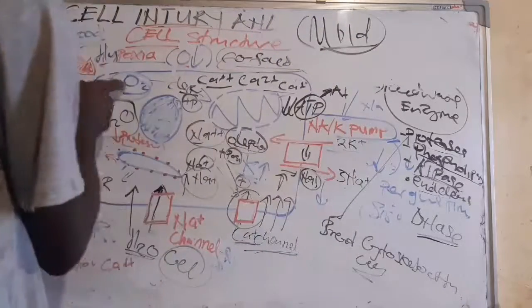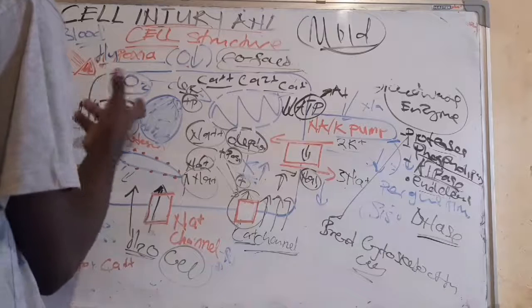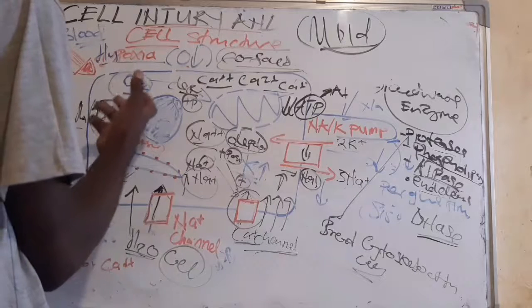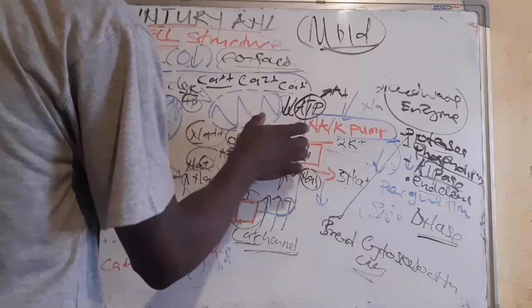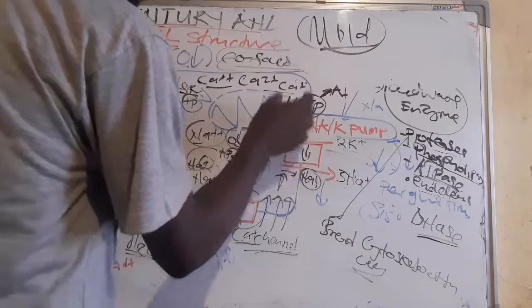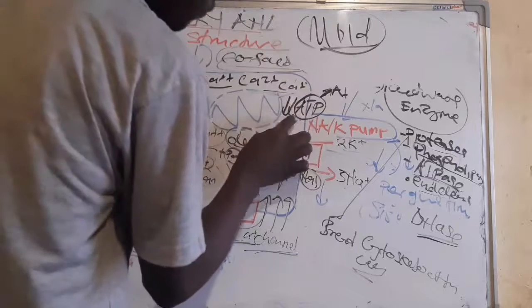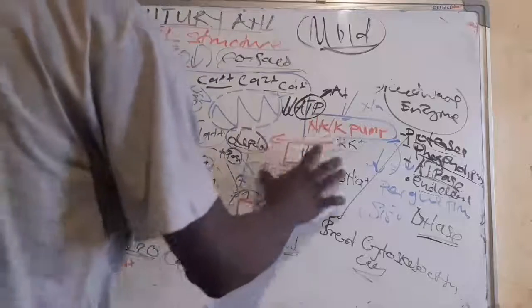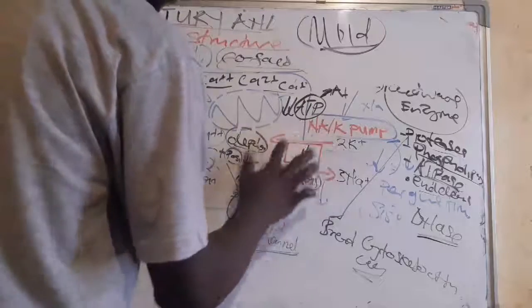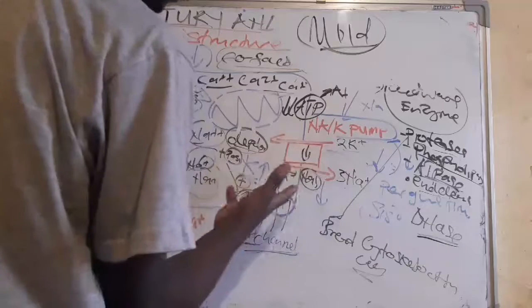So when the stimulus is mild, this means that at least there is enough oxygen to produce a large amount of ATP. When the ATP is produced, it means that at least this sodium potassium pump can work, but it is just reduced.